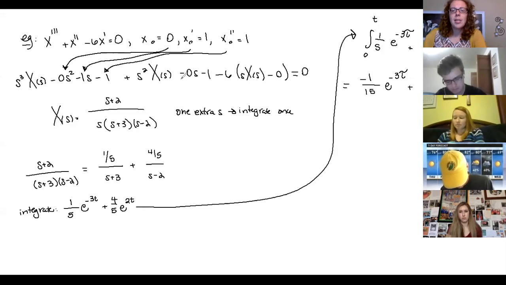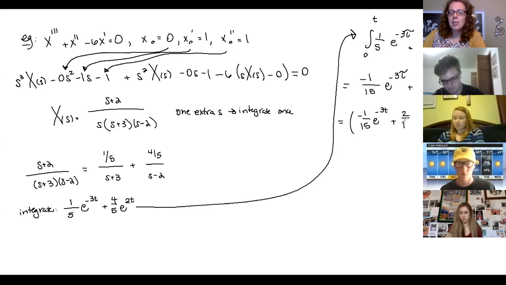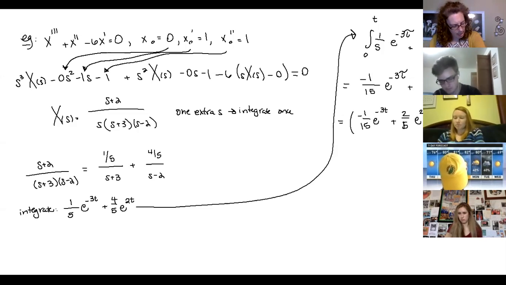When I plug in, I am going to get negative 1/15 e to the negative 3t plus 2/5 e to the 2t minus negative 1/15 e to the 0 plus 2/5 e to the 0. And your coefficient ends up being minus 1/3.